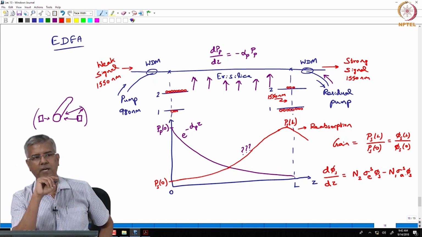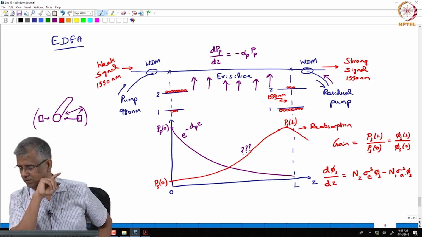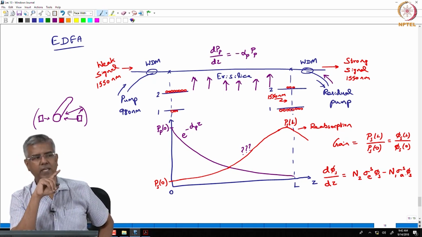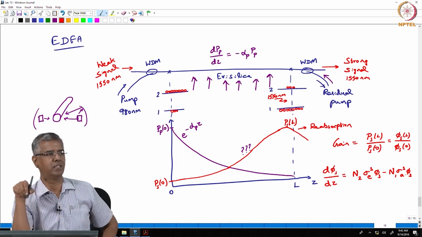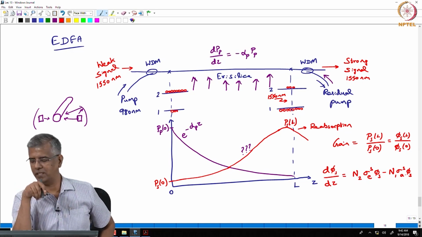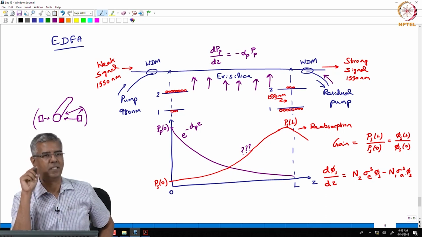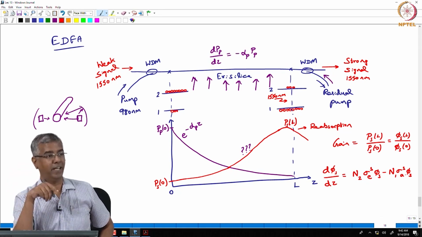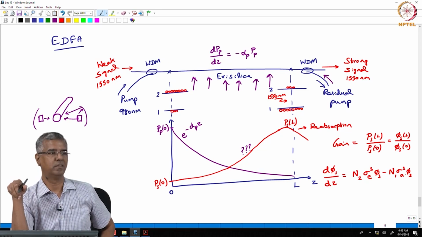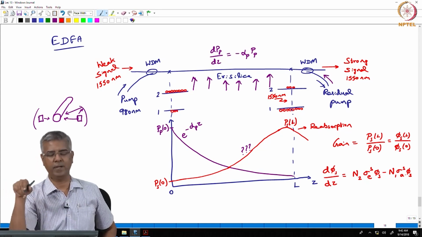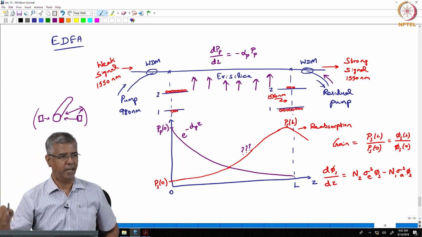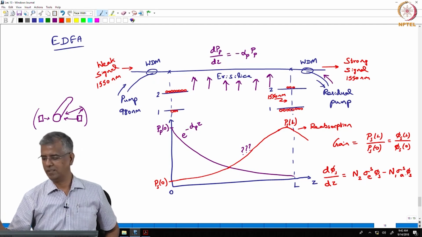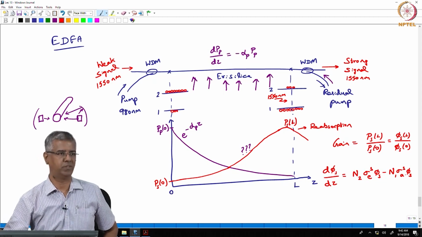Now you have to remember which are constants and which are variables in this expression. Sigma e and sigma a are constant for a given amplifier system, whereas everything else is variable. So if I were to write it out properly, I would say n2 of z and phi s of z, and n1 of z phi s of z.